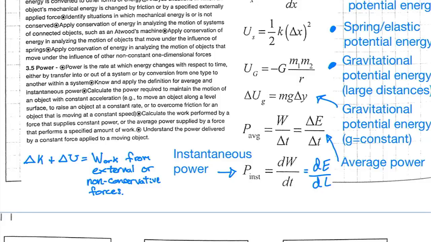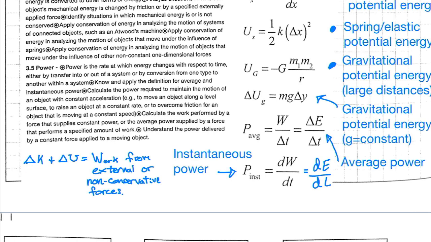One last thing to note here, this is not on the formula sheet, but it is something that you want to know. The change in kinetic energy plus the change in potential energy, and this would include all forms of potential energy, elastic or spring, gravitational, and electric.